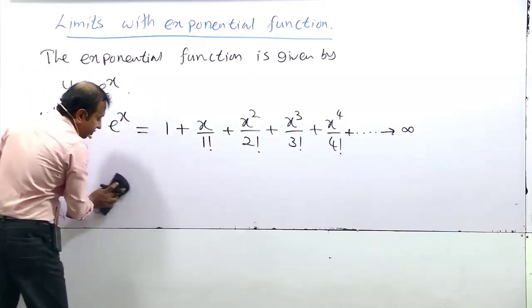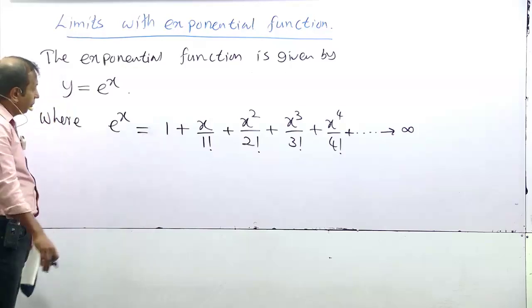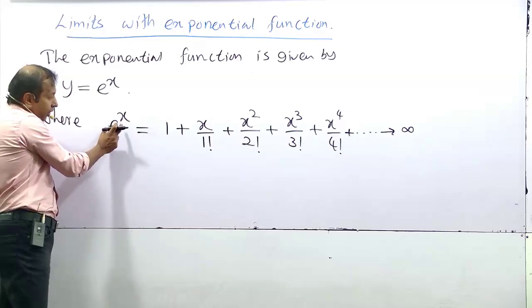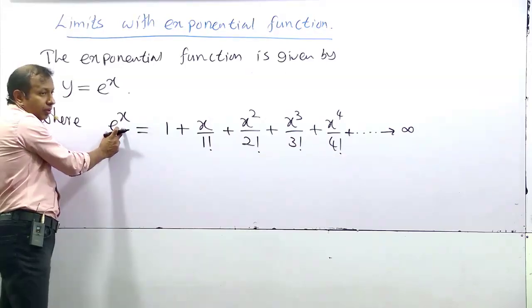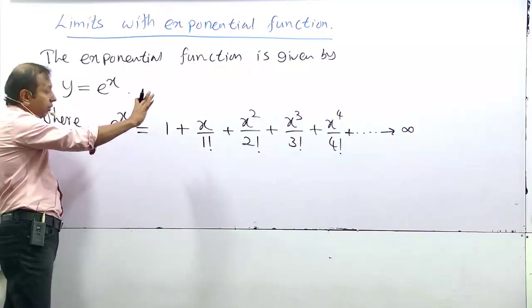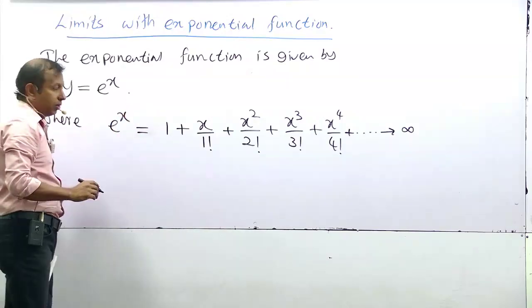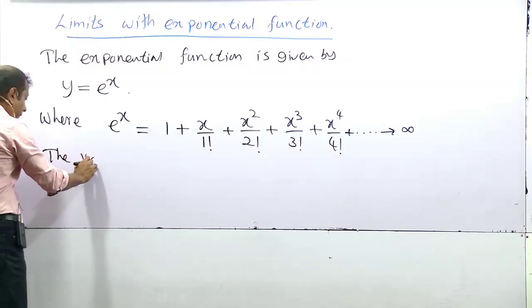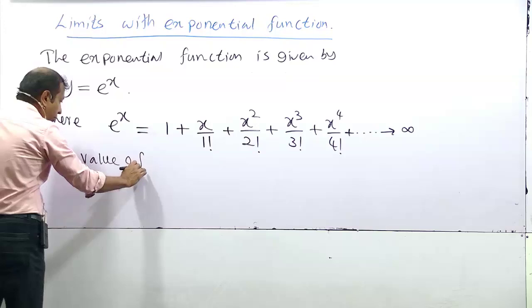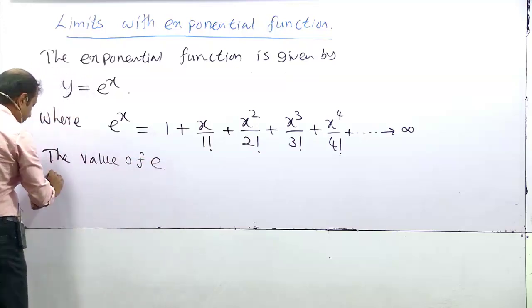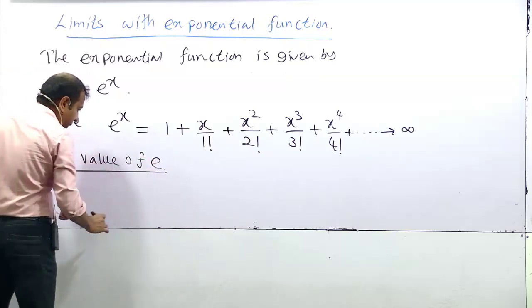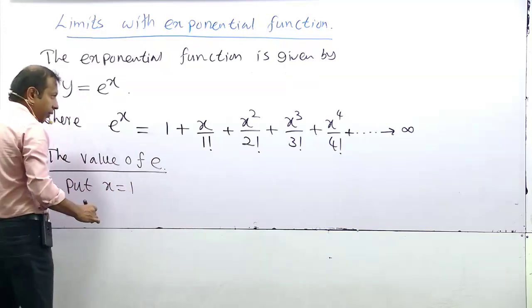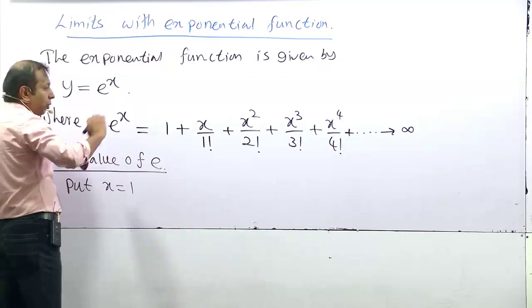Now let's see first the value of e. The value of e can be found by putting x equals 1 on both sides. Put x equals 1 in left and right both.